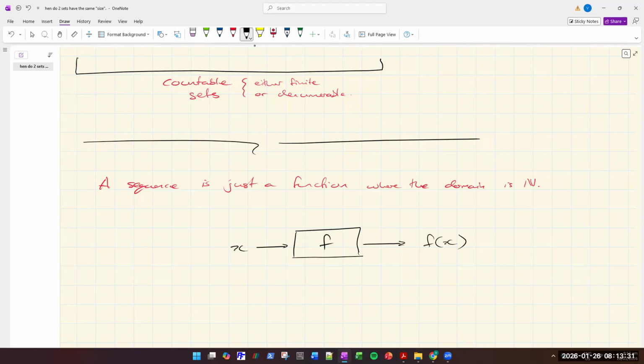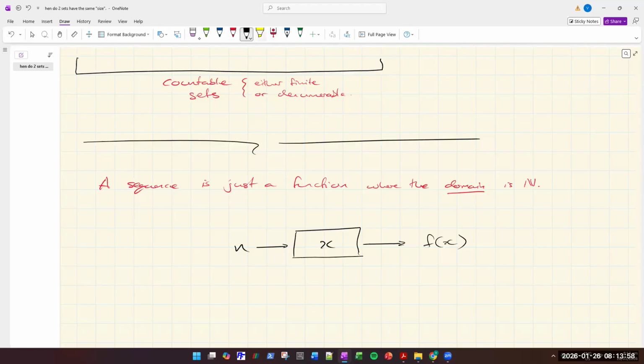Since the domain of a sequence is the natural numbers, instead of using x for the input, they use the letter n, because n is a natural number. The name of the sequence, so the name of the function, they don't call it f, they call it x.